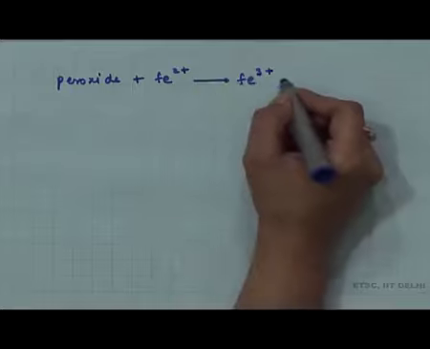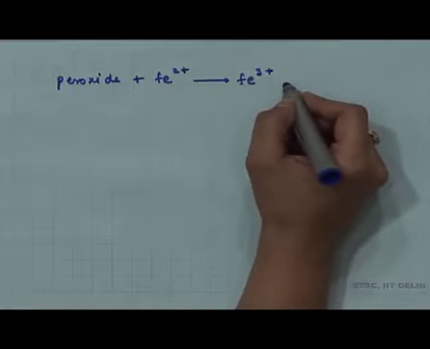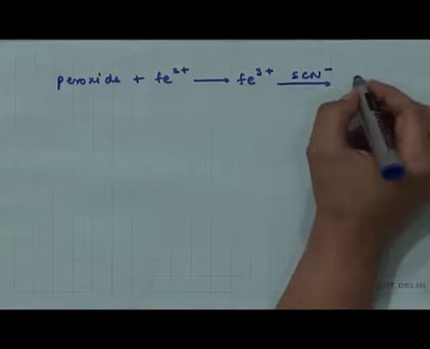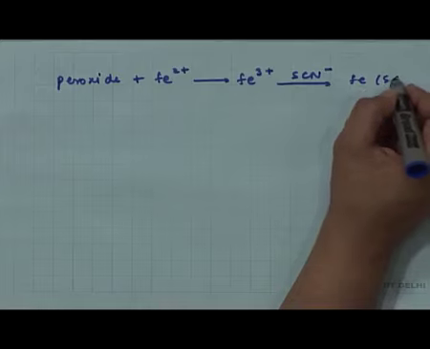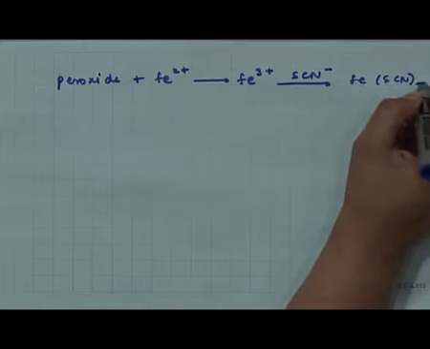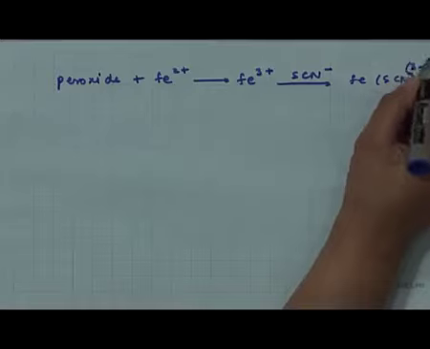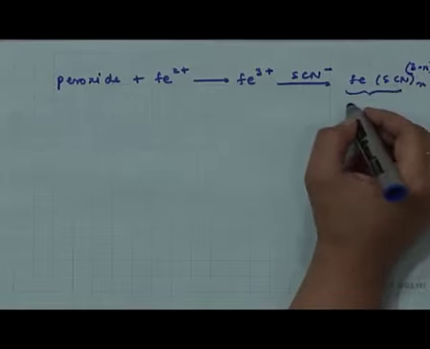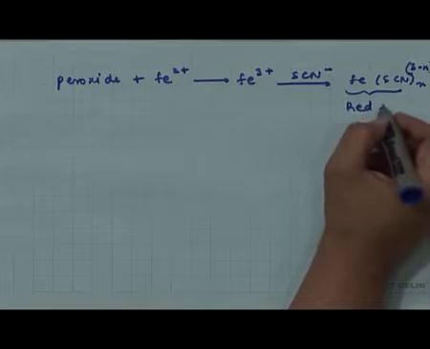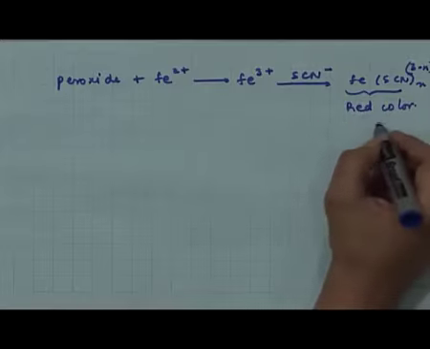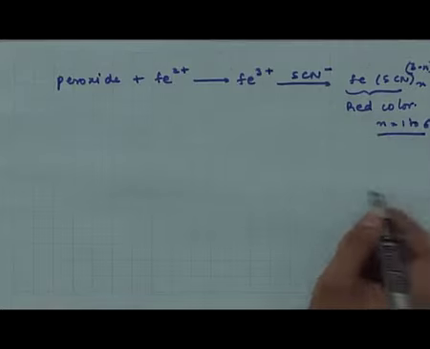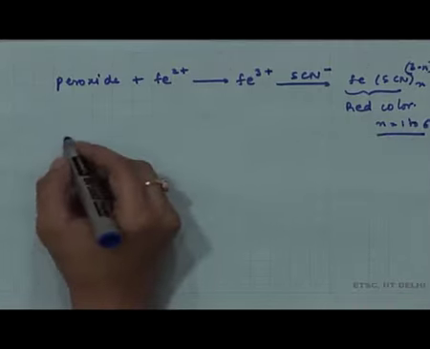So, this is the oxidation reaction, ferrous to ferric, and then these react with the thiocyanate ions from potassium thiocyanate, and you get the ferric thiocyanate complex, which is red in color. So, this is another indication that the peroxides are present in your solution.